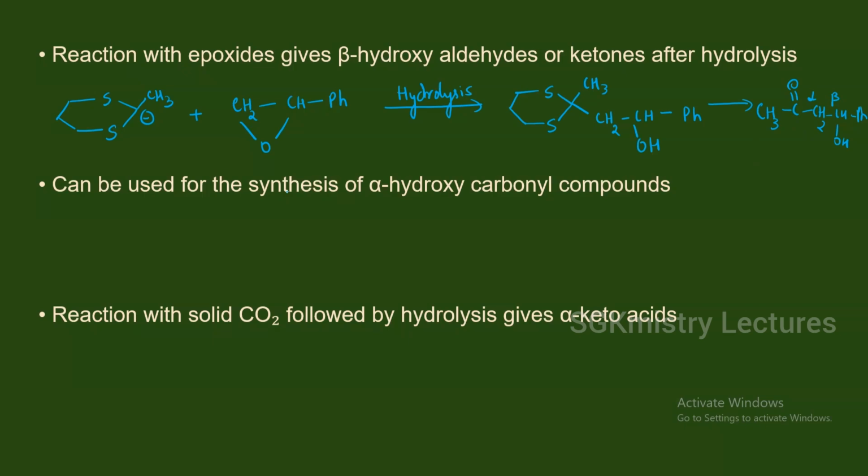Next, it can also be used for the synthesis of alpha hydroxy carbonyl compounds. So how do we do it? So here again dithiane. Here if I take H, and one of the hydrogens is abstracted by a base, you take the carbonyl compound. Now we know that here again S, this will be joined here.